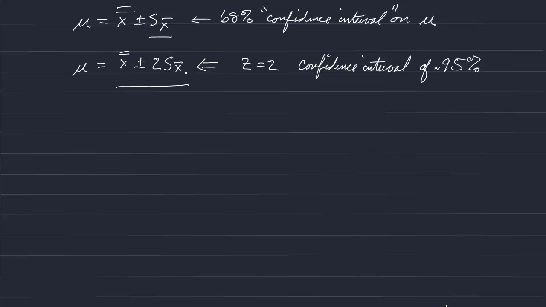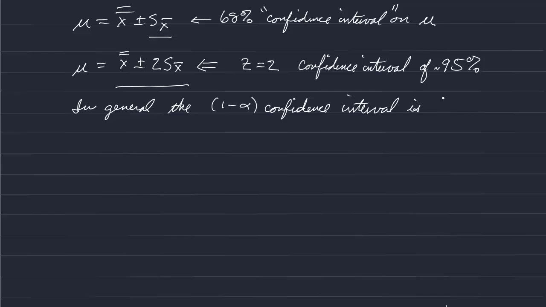Okay, so in general, the 1 minus alpha confidence interval is bound by plus and minus z sub alpha divided by 2.